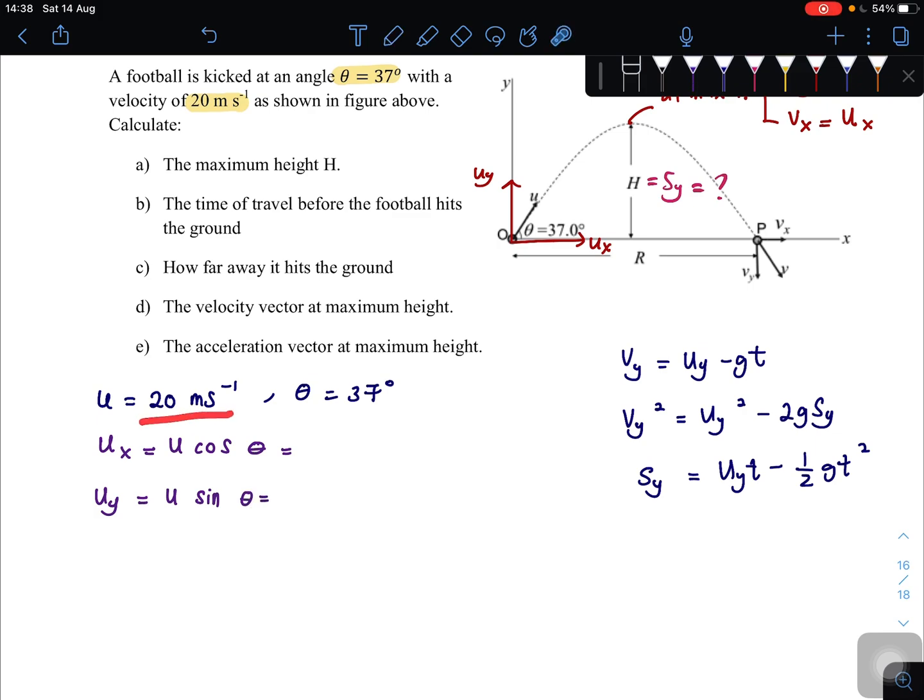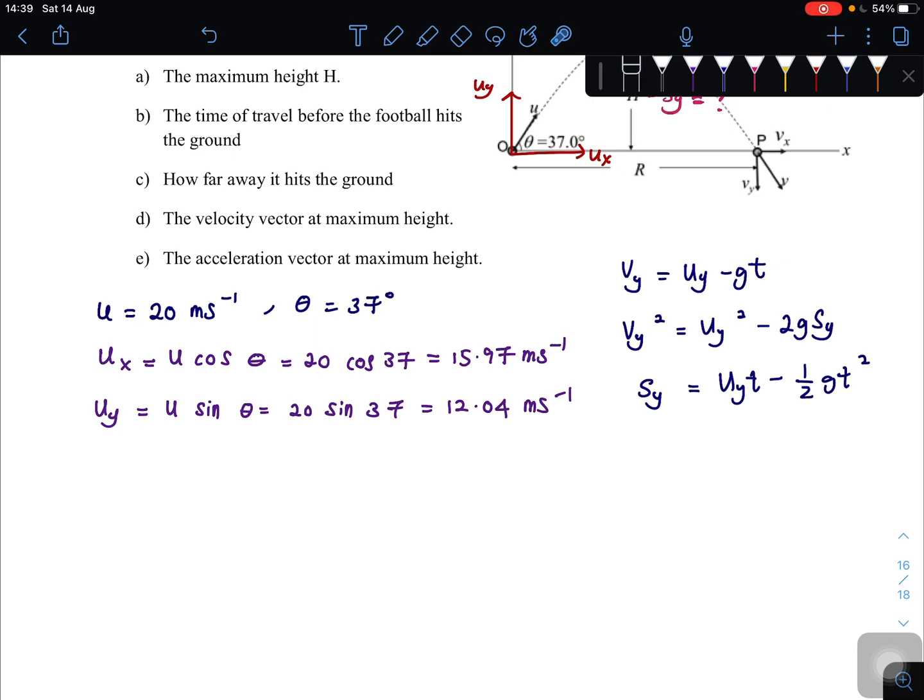So we are given the magnitude and the direction. So just masukkan sahaja 20 cos 37, which is equal to 15.97 meter per second, and then 20 sin 37 equal to 12.04 meter per second.